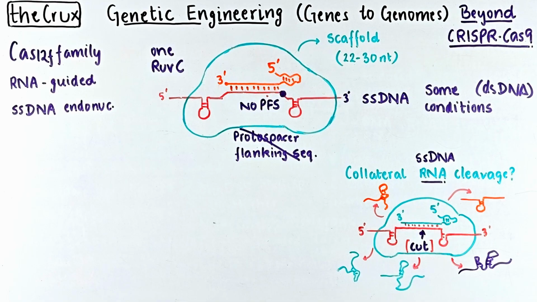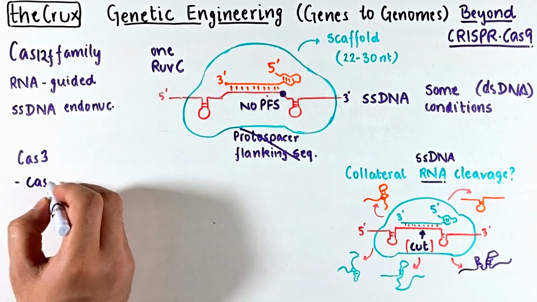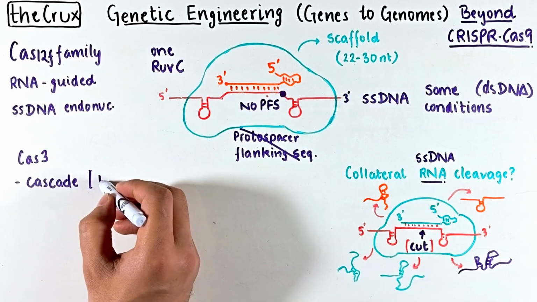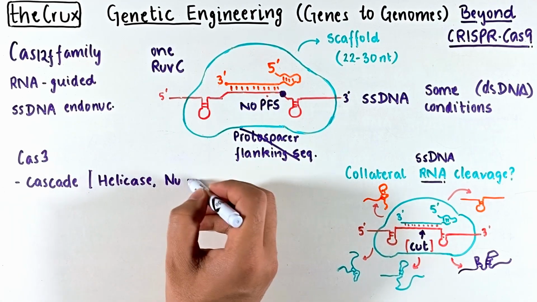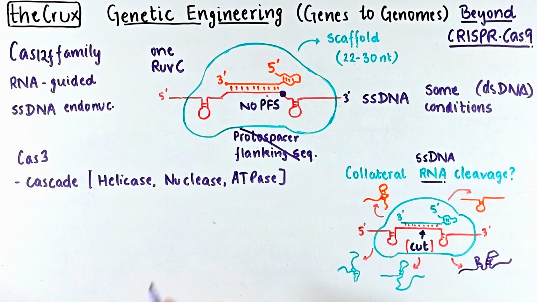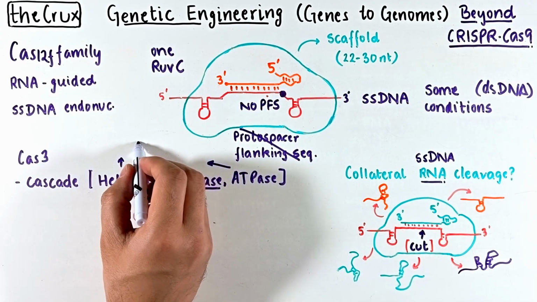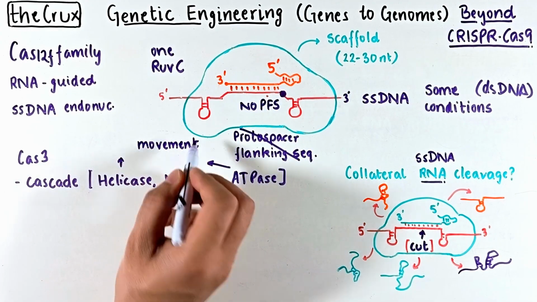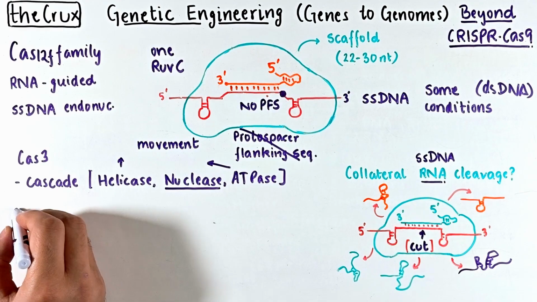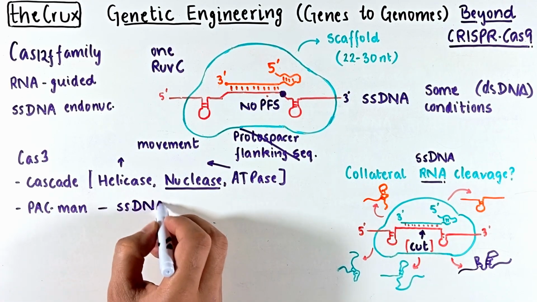The last one on our list is a special Cas enzyme called Cas3, which comes as a part of a larger complex of proteins called Cascade. This complex contains helicases, nucleases, ATPases. Typically, Cas enzymes are just nucleases, but this special one has helicase and ATPase subunits, meaning that this Cas can move, and like Pac-Man, this enzyme will shred DNA.